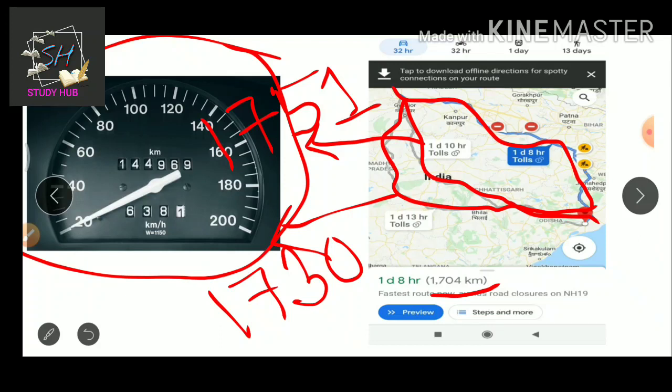But according to the map, we can go like this. This will be the shortest path. But by road we cannot go like this because we need to follow a road. So in real life, we always take the shortest path. So this is the displacement from New Delhi to Bhubaneswar.